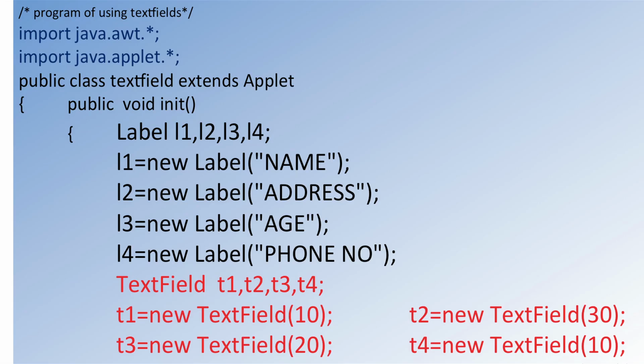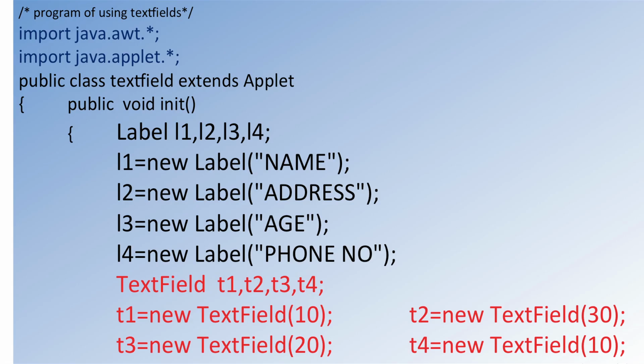Now you can see this program. Here in this program, under the class, you can see the labels L1, L2, L3 and L4. L1 equals new Label name, L2 equals new Label address, L3 equals new Label age, L4 equals new Label phone number.